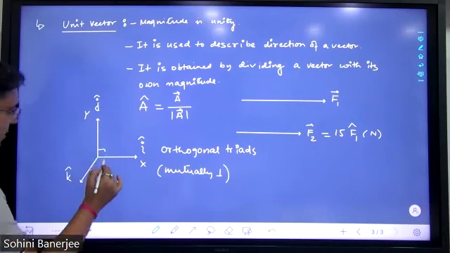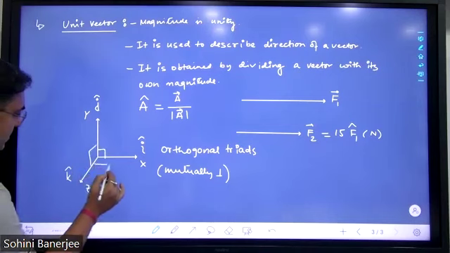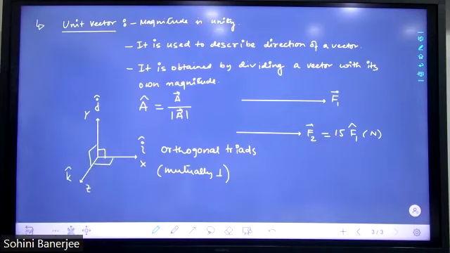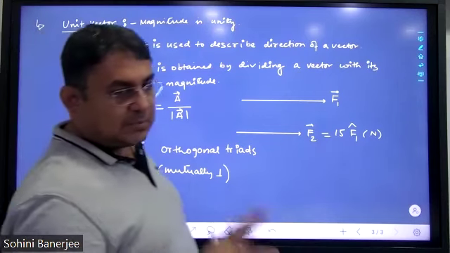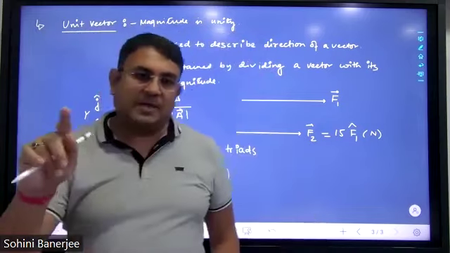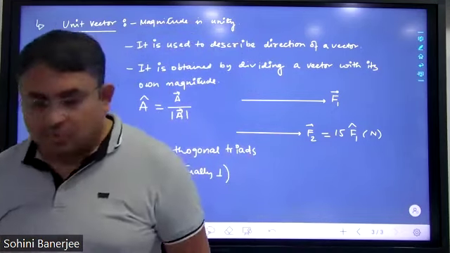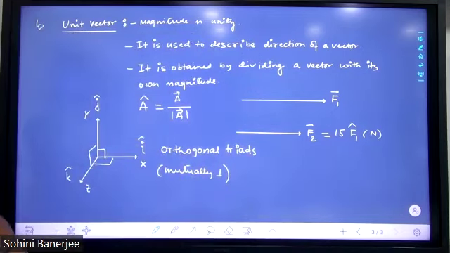So x and y mutually perpendicular, y and z mutually perpendicular, x and z mutually perpendicular. Clear? So x, y, z are 3 mutually perpendicular axes. So I cap along x, j cap along y, k cap along z. They are orthogonal triads. Okay.